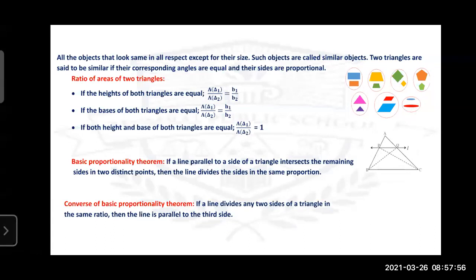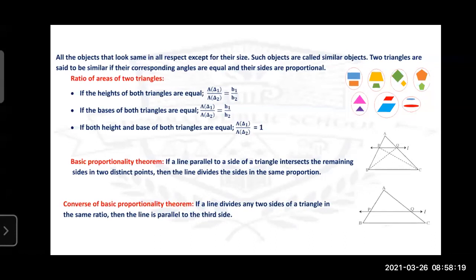Then by the BPT theorem, AP by BP is equal to AQ by QC. Next is the converse of the BPT theorem. If the sides are divided in proportion, then the line L is parallel to BC. That is the converse of BPT.